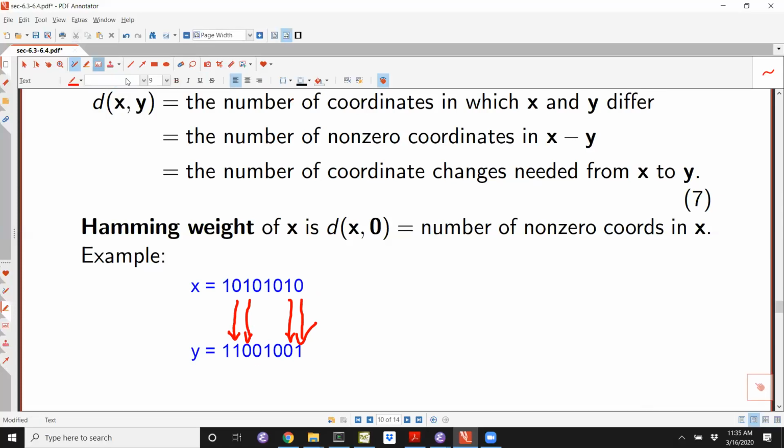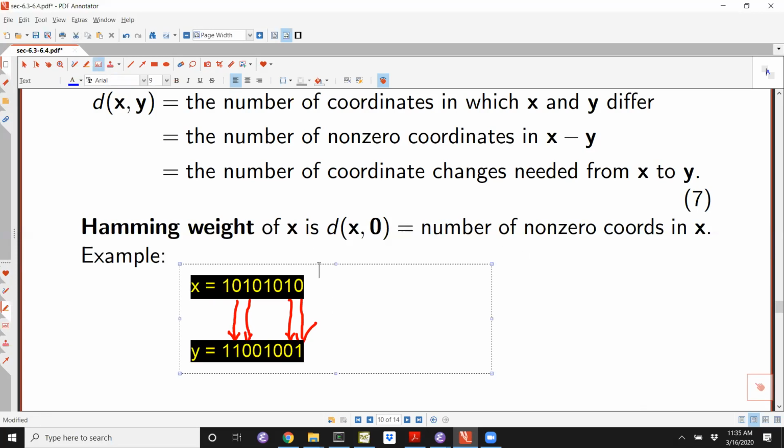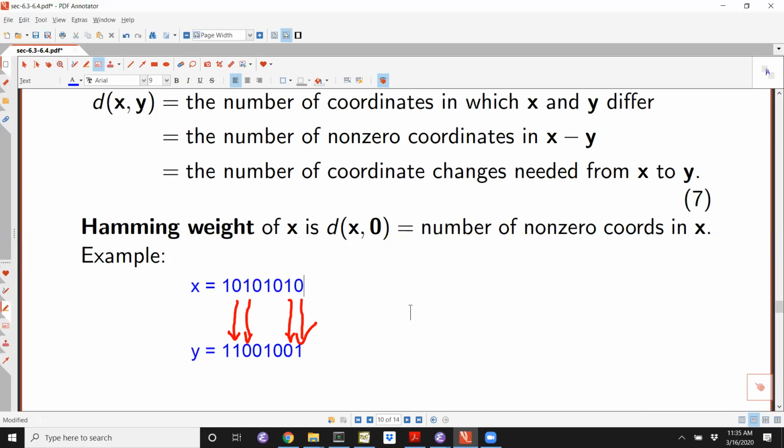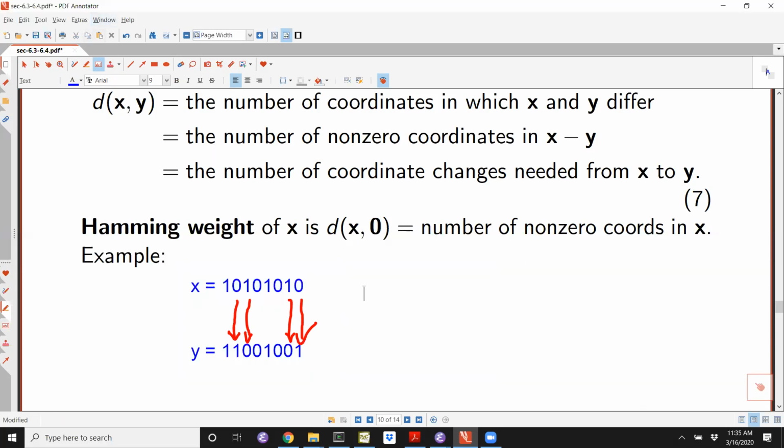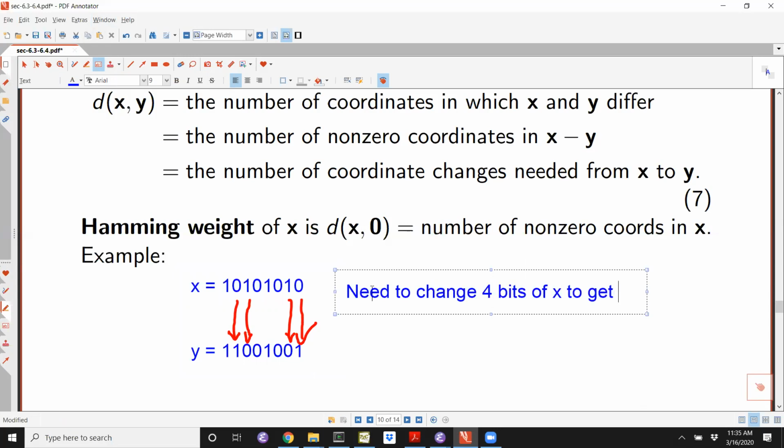The point is that we need to change 4 bits of X to get to Y. So the distance between X and Y is 4.